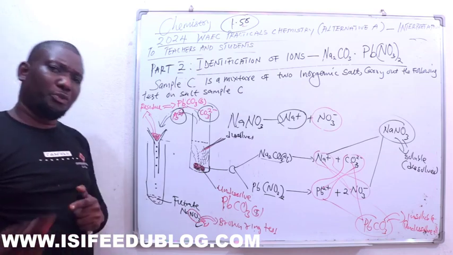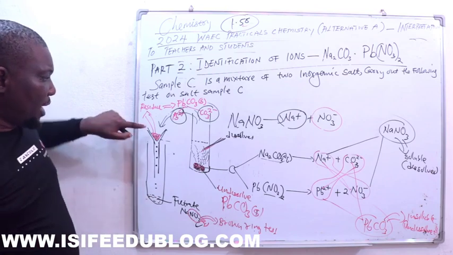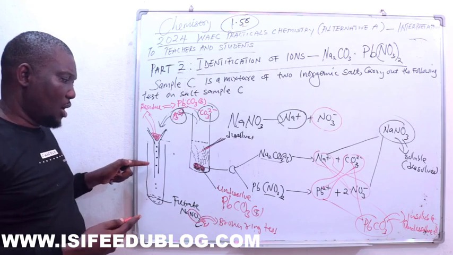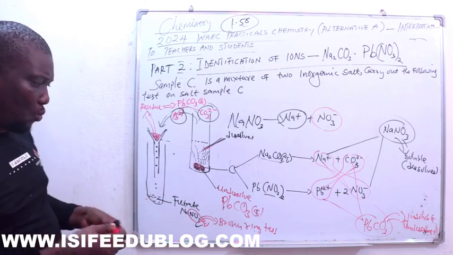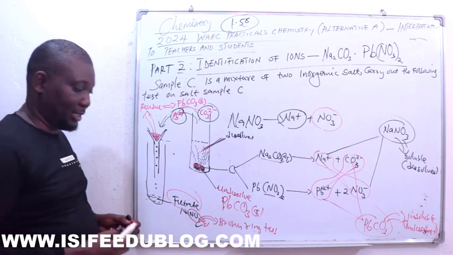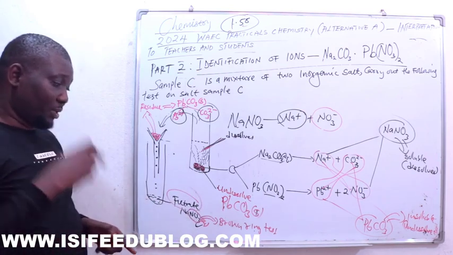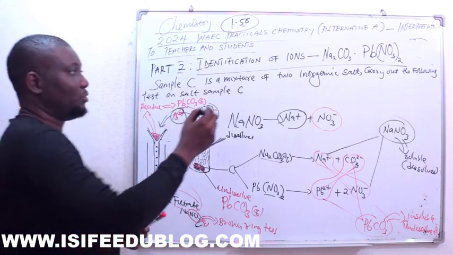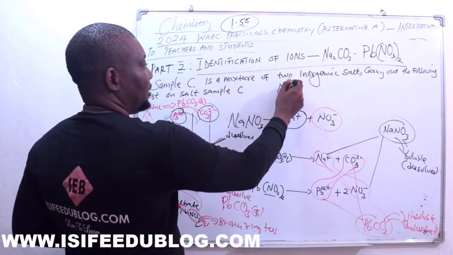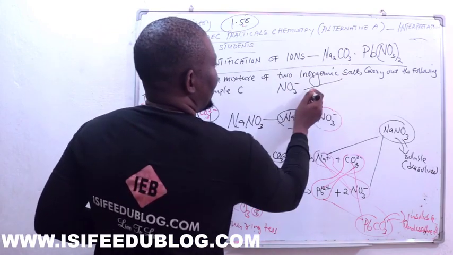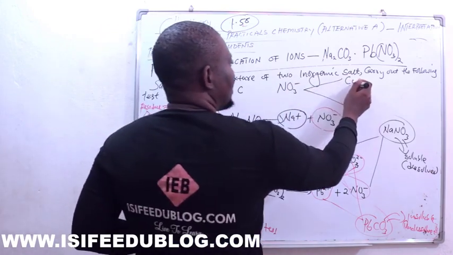Basically, we're going to carry out work first on the filtrate. Like I said, the only test we're going to work on the filtrate is that of NO3-. So to identify NO3- in a brown ring experiment, the reagent for the brown ring experiment is conc.